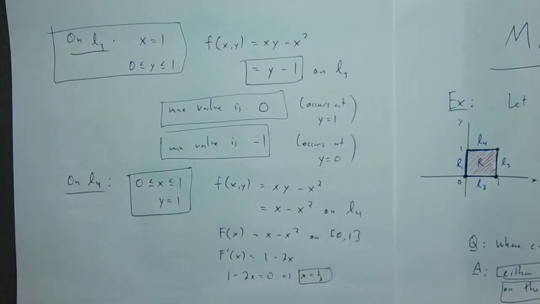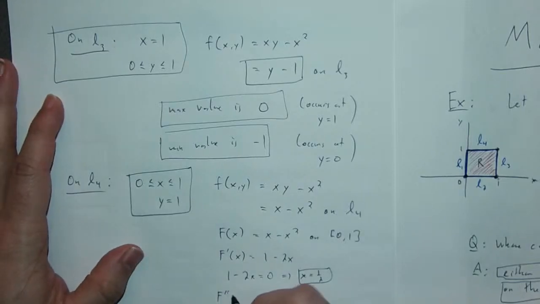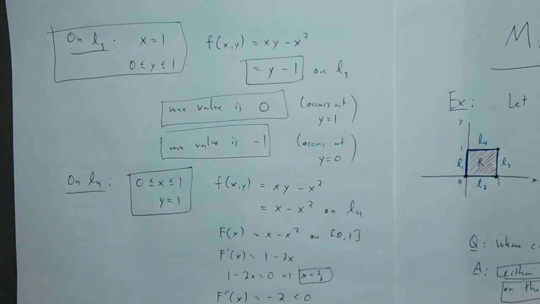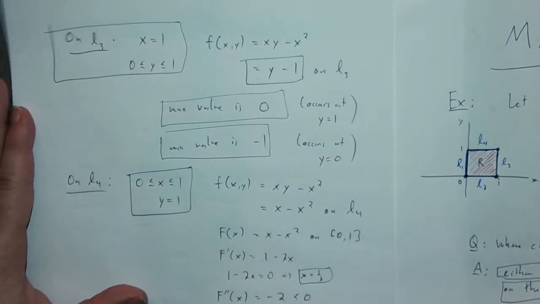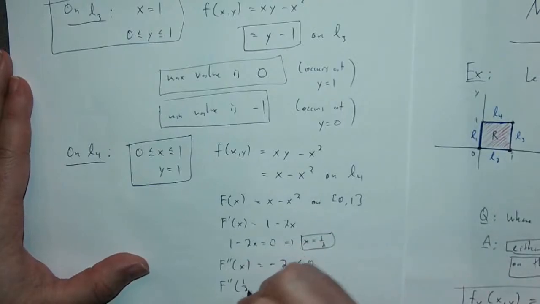So something can happen there. Now, I could do the second derivative test so I don't have to test any intervals. So let's take the second derivative of f. This is minus 2. That's always negative. So f double prime of 1/2, for instance, is negative. This is a critical point, though.